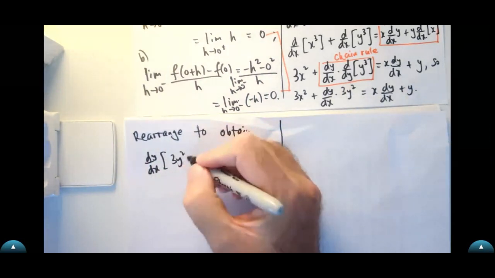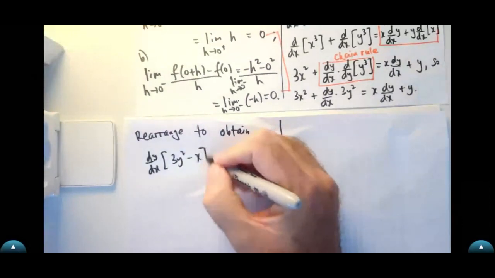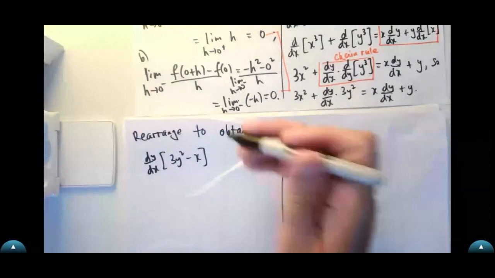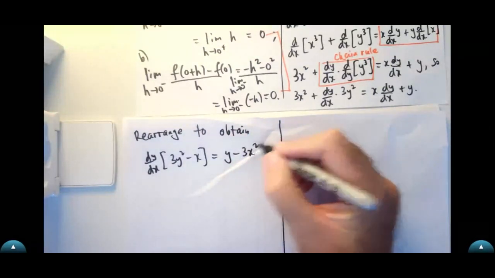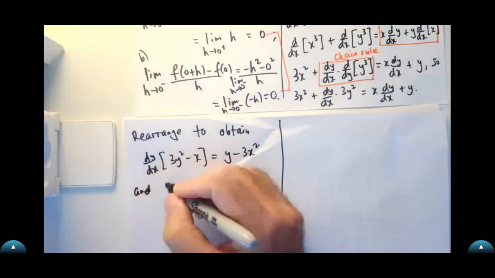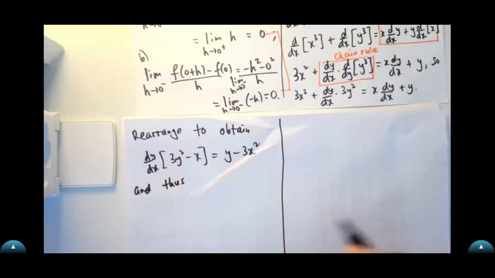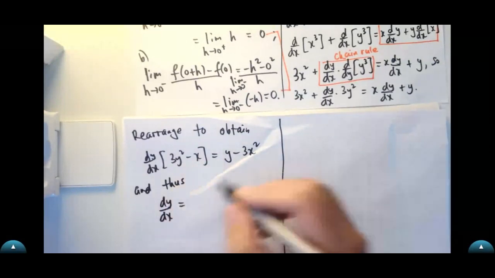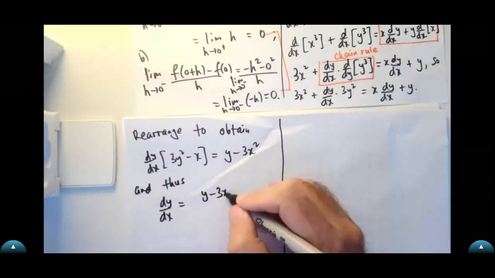So I'll get 3y squared minus x. So that term's just come to the other side. I'll leave that there and push that to the other side. Okay, now just divide. And thus, let's divide out.